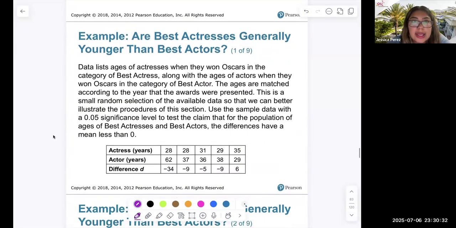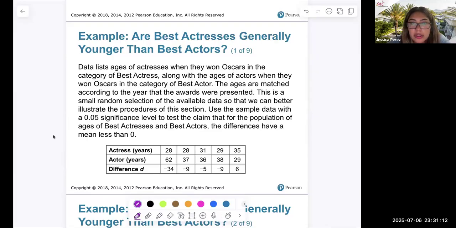So let's begin by looking at the following example. Are best actresses generally younger than best actors? We're given a data list of ages of actresses when they won Oscars in the category of best actress, along with the ages of actors when they won Oscars in the category of best actor. The ages are matched according to the year that the awards were presented. This is a small random selection of the available data so that we can better illustrate the procedures of this section.